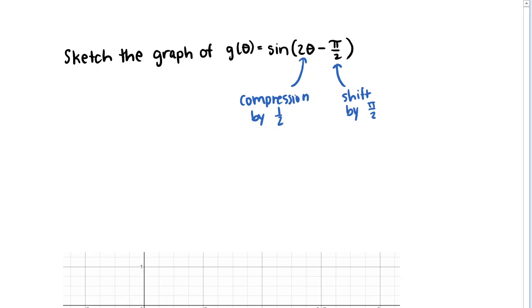But I actually want to warn you from taking this perspective of this function here. So when we do a horizontal shift and a horizontal compression or stretch together, the order in which we do this actually matters. And usually, when we think about doing transformations together in the same direction, we want to do the stretch first. That's typically what we do when we're dealing with stretching and shifting in terms of our outputs.